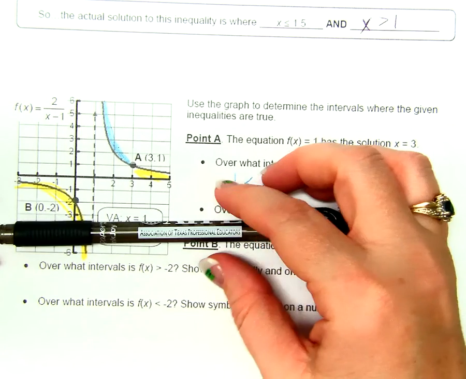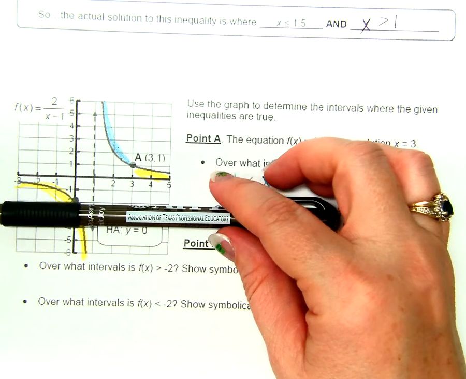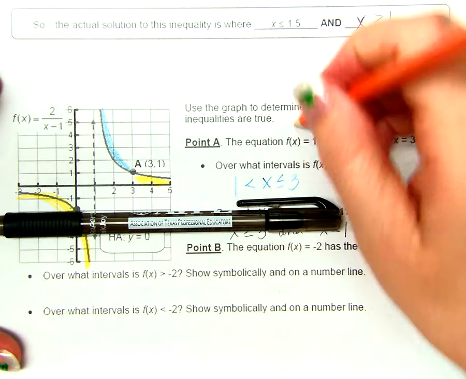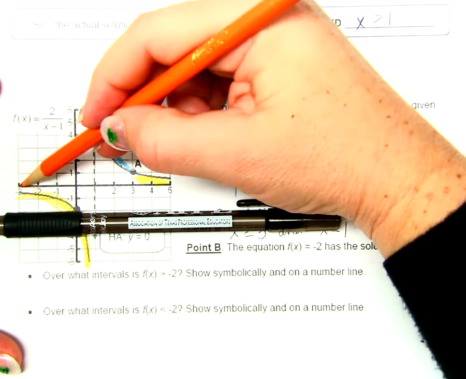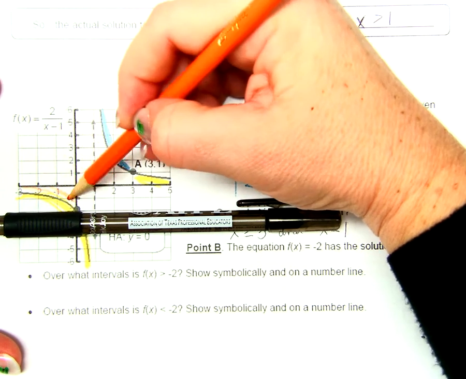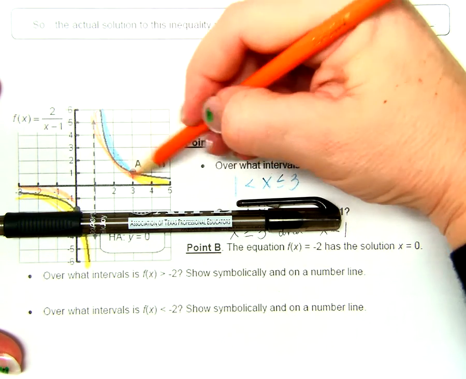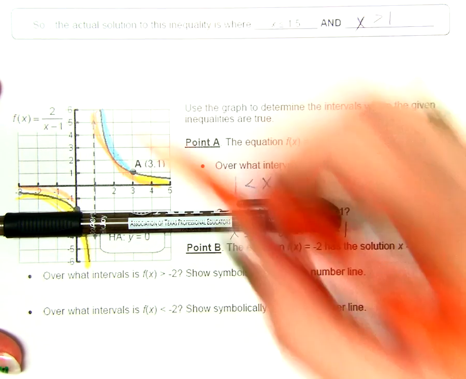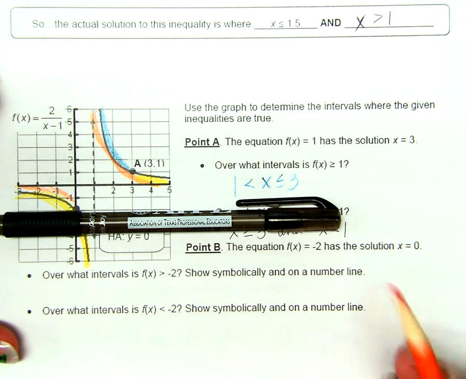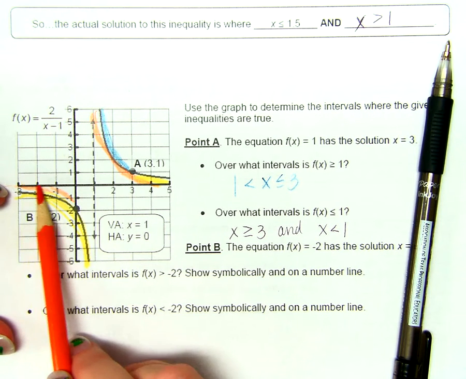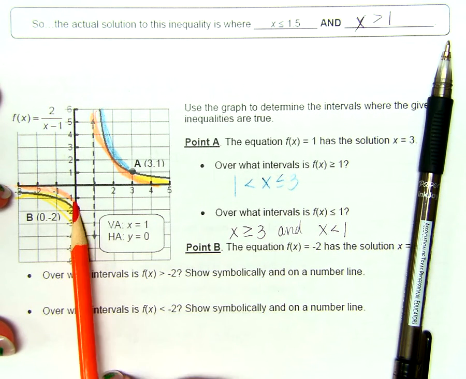So y value is greater than negative 2. When is that happening? Can you see that it's here, the orange, and all this up here? Do you see that? What x values are the orange? Comes all the way from here and stops right at the point.